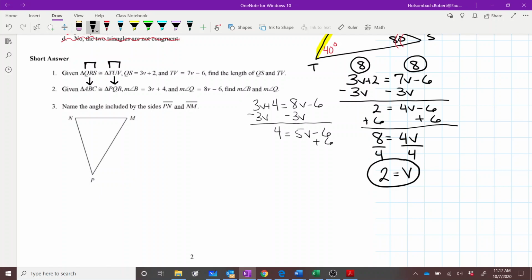Add 6 to each side. 10 equals 5V. Divide by 5. Again, 2 is equal to V. So when we substitute, 3 times 2 is 6, plus 4 is 10. 8 times 2 is 16, minus 6 is also 10.